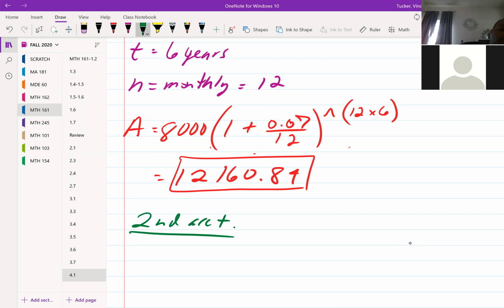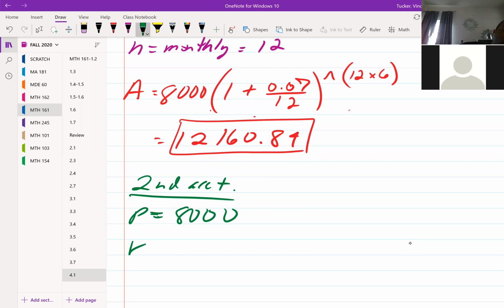Second account: the amount we're depositing is still 8,000. The rate this time though is 6.85%, 0.0685. Time is still 6 years.